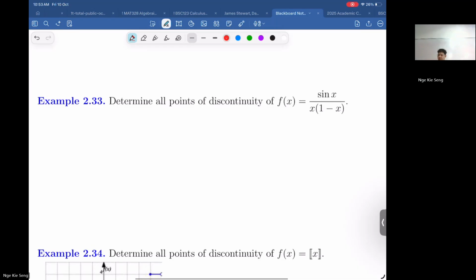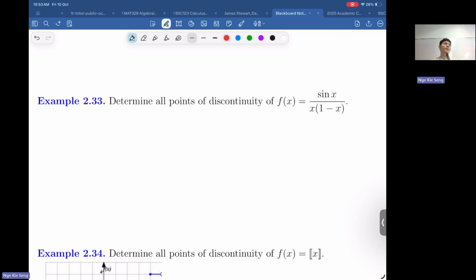Okay. How about this? 2.33. How do we find the points of discontinuity of f(x) equals sine x over x times (1 minus x)? Okay. So one place to find discontinuity is to find where this function is not defined.